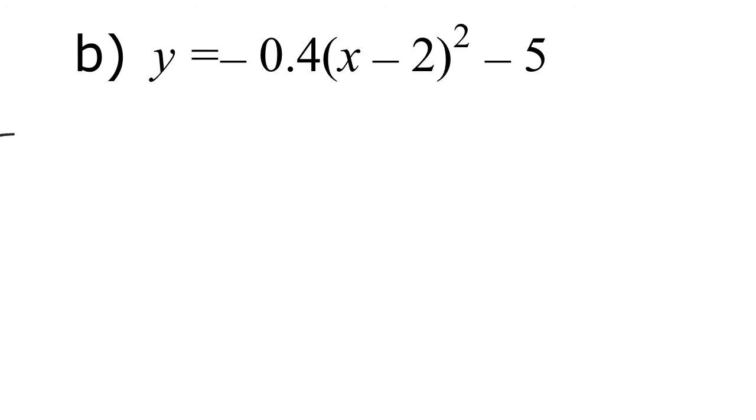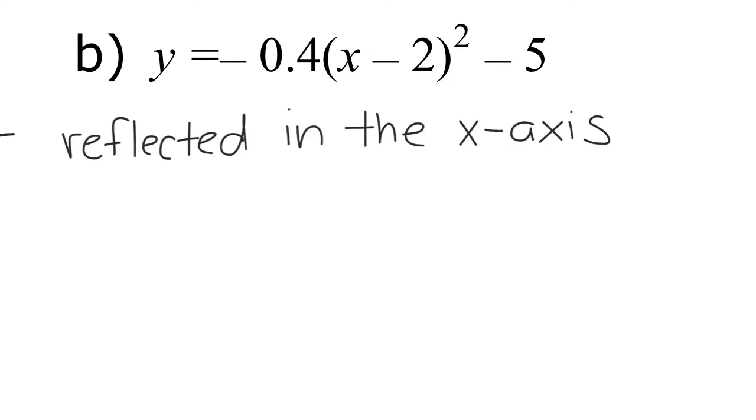So that's the very first thing that we're going to list. The next thing we want to check is the actual a value. So this time we have an a value of 0.4. Remember, if you have an a value that falls between 0 and 1, that means your parabola is being vertically compressed. So that would be our next transformation.